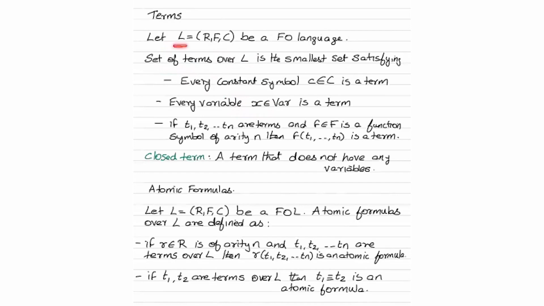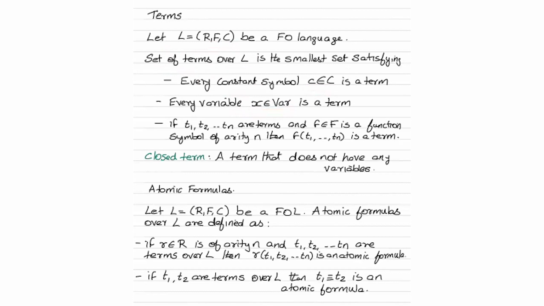Okay, so you have this first order language. This is your language that you have fixed, and the set of terms is the smallest set satisfying the following conditions. Every constant symbol is a term, every variable is a term, and every application of a function symbol is also a term.